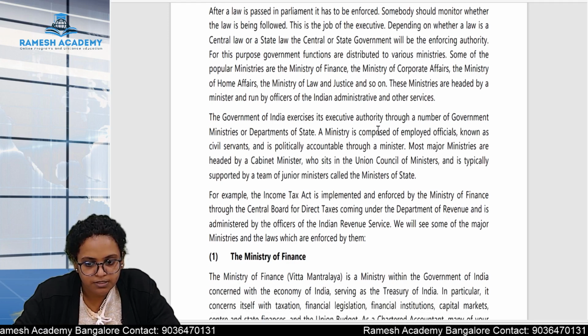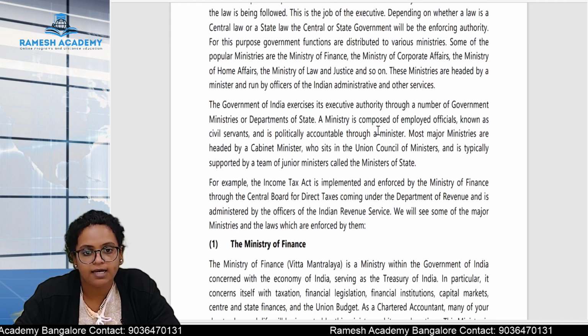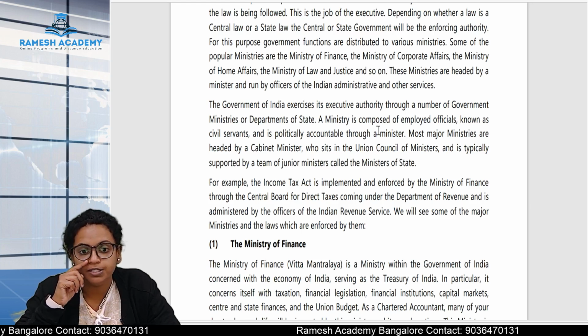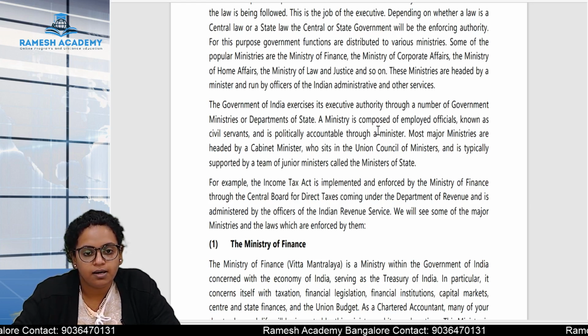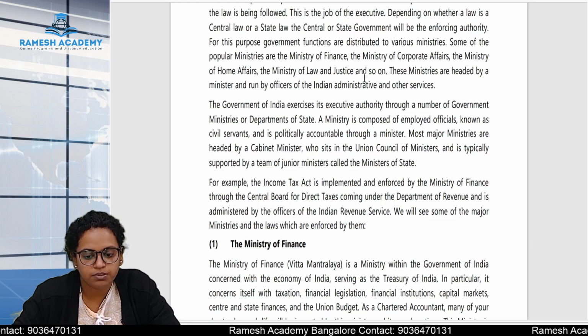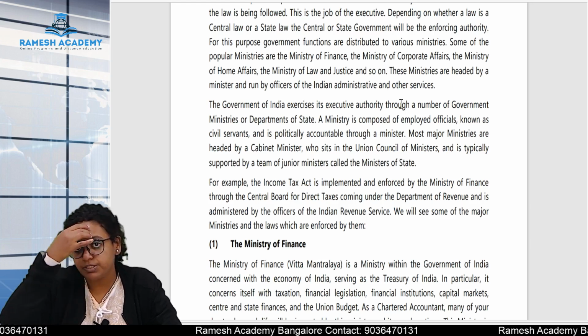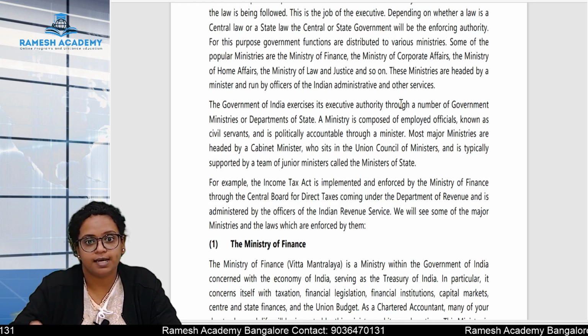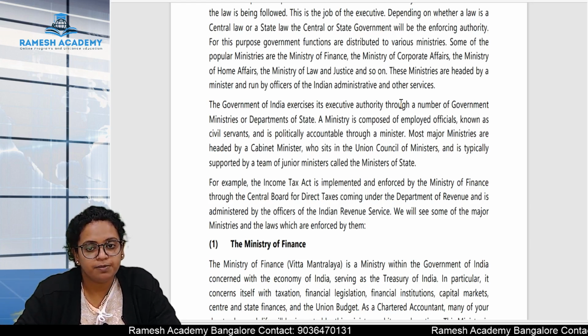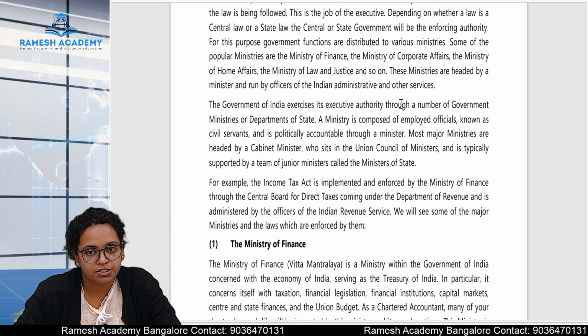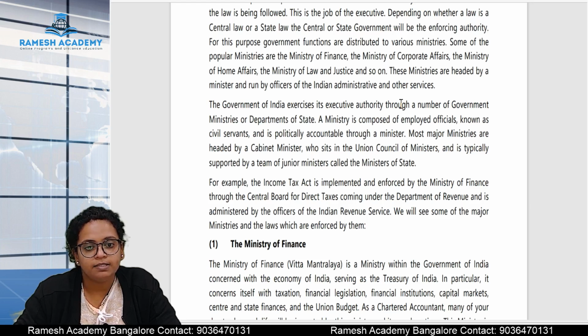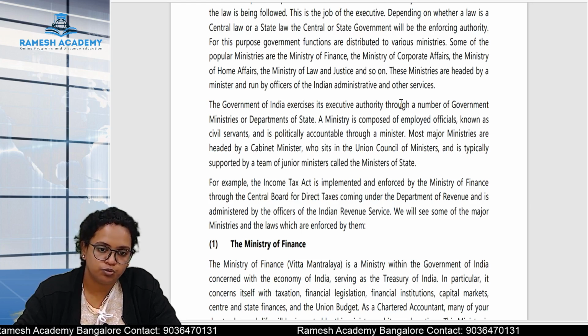Each ministry has its own head, and these officers, such as IAS officers, run the ministries and make sure that the laws are enforced.